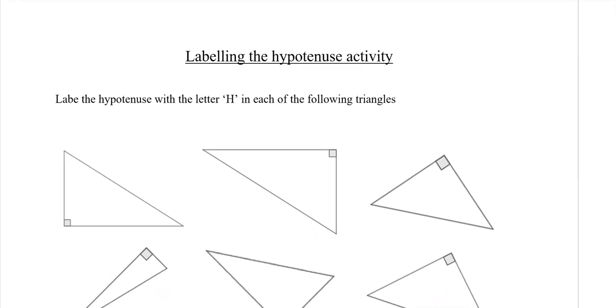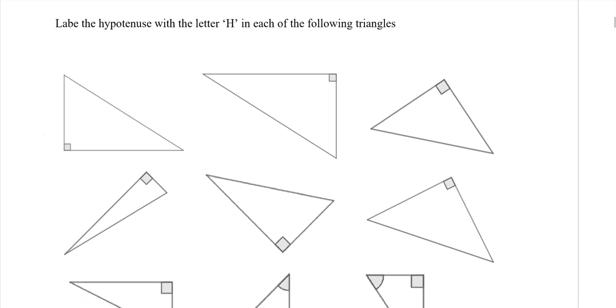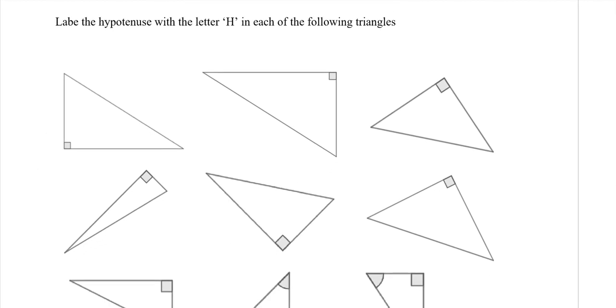Instead, I'm going to get you to rearrange it. But before we do, here is some more practice. It just says to label the hypotenuse on each of the following triangles, just the hypotenuse. That's the most important one that you can identify. So grab a pen and across from the right angle, put a H. Uppercase H or lowercase H, it doesn't matter. I just used capital because it was cap on the question. So capital H, across from the right angle. See if you can fill them all in.